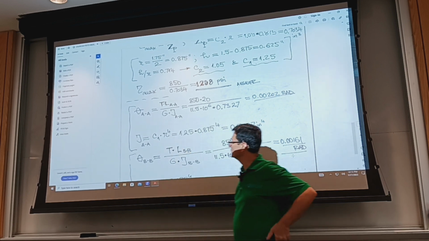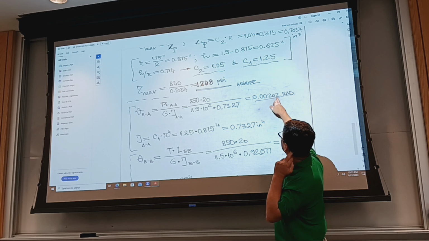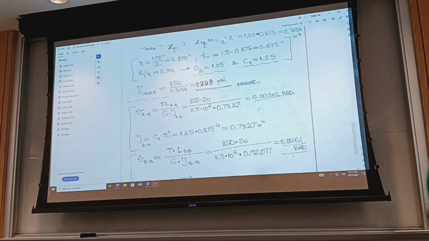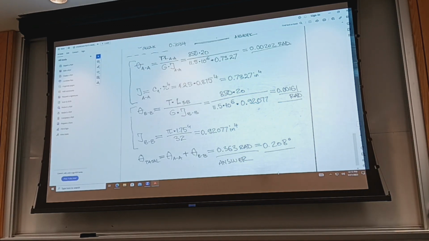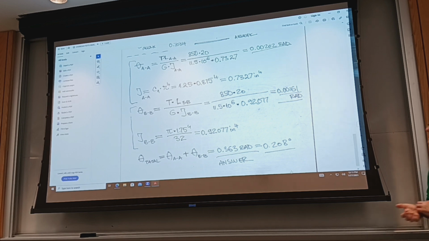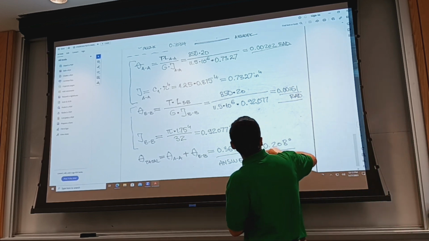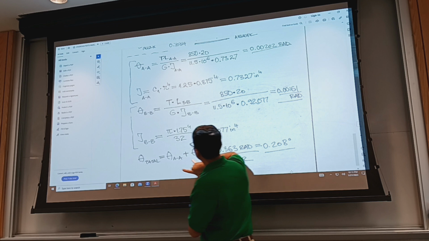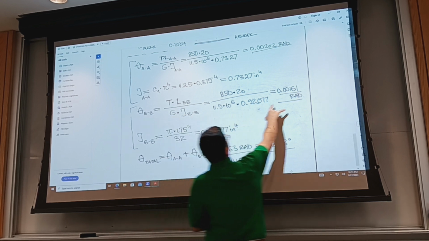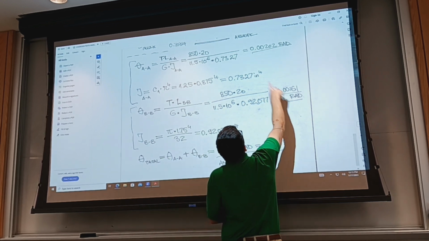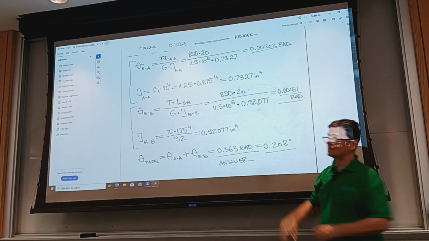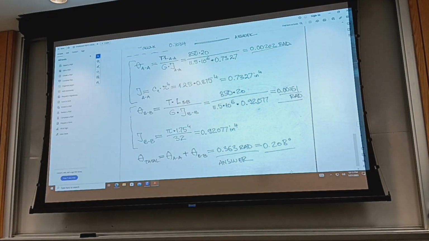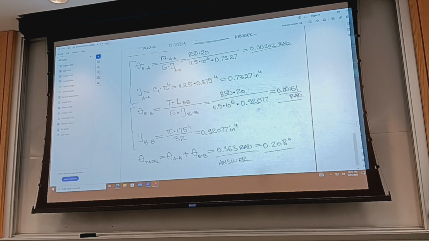This is in radians. For the same length, solid round without any modification, you'd expect the angle of twist to be less, and it is, at least qualitatively, they appear correct. You add the 2, and it's about 0.21.